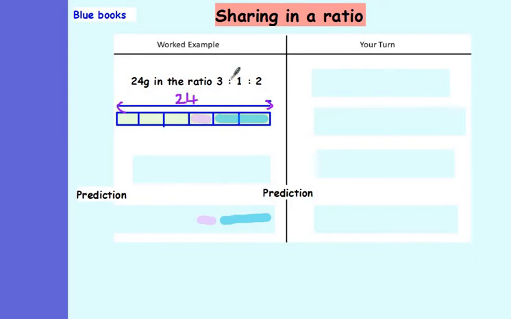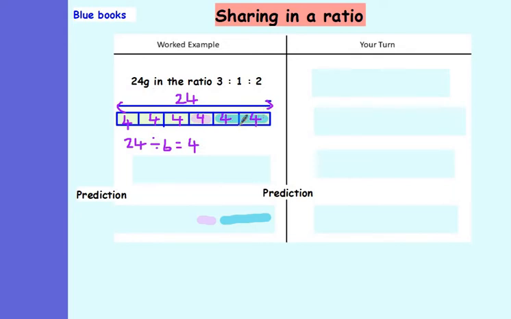This time I've got 3 plus 1 plus 2, which is 6 parts. 24 divided by 6 gives me 4. So each of my little parts is worth 4.